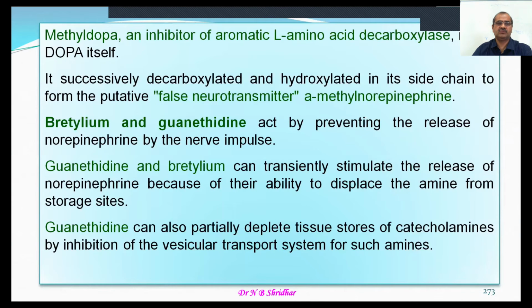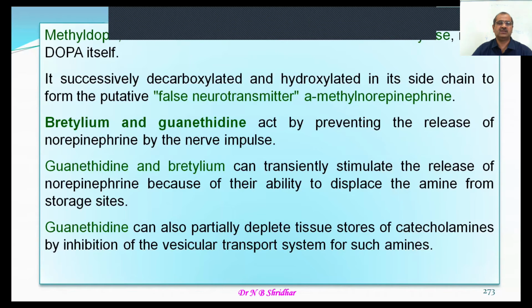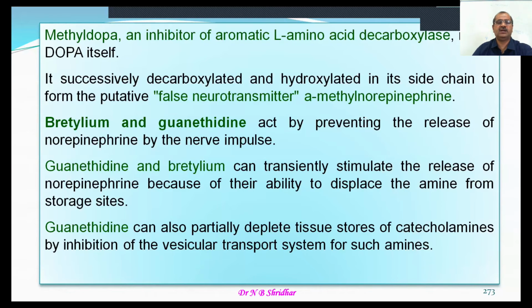Methyl dopa, an inhibitor of aromatic L-amino acid decarboxylase, is like dopa itself because it has the structure activity relationship of the dopa. So alpha methyl dopa is successively decarboxylated and hydroxylated in its side chain to form a putative false neurotransmitter, that is alpha methyl norepinephrine.